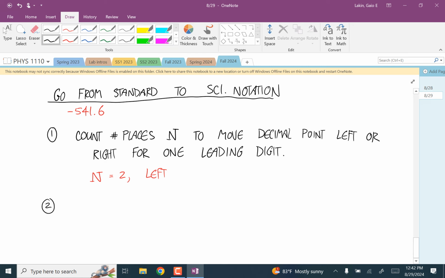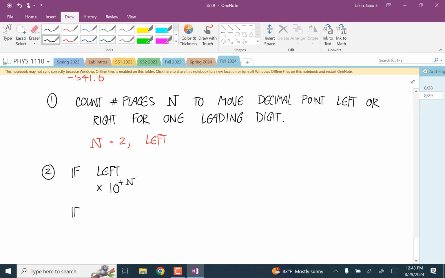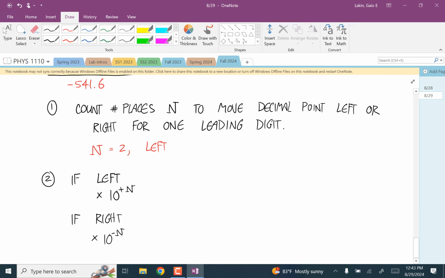And then the second and last step is, if you're moving the decimal point to the left, then you're going to be multiplying by 10 to the positive N. And if you're moving the decimal point to the right, you're multiplying by 10 to the negative N. In our example, we moved it 2 places to the left.